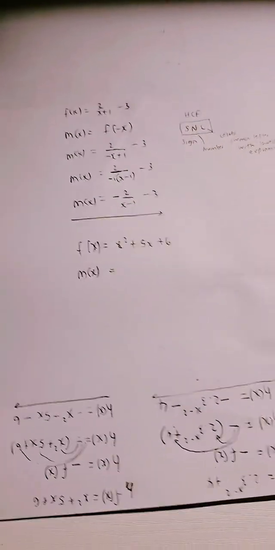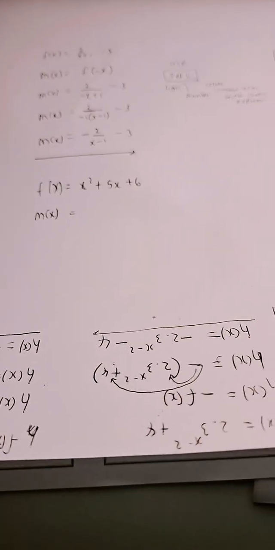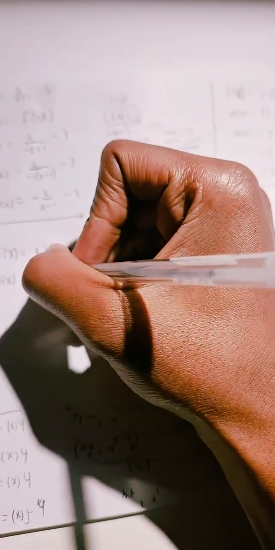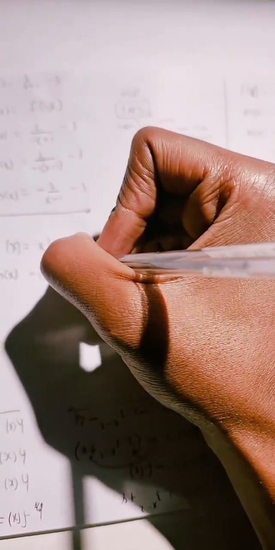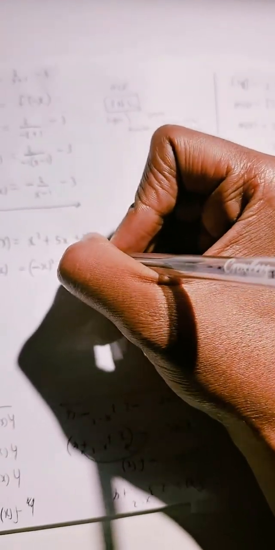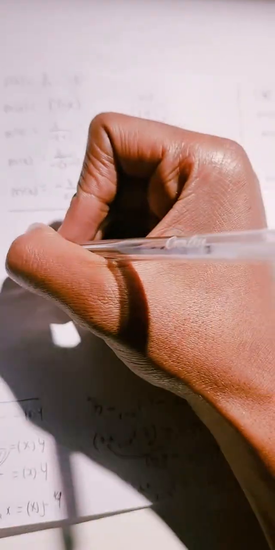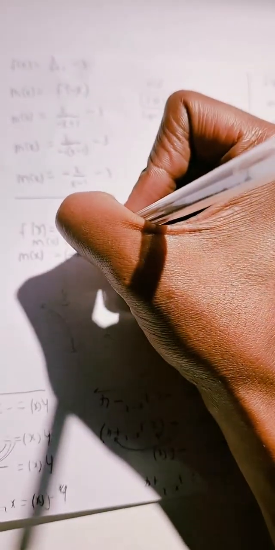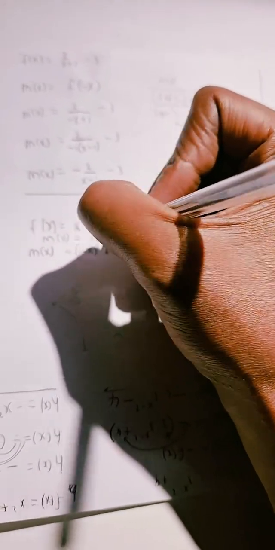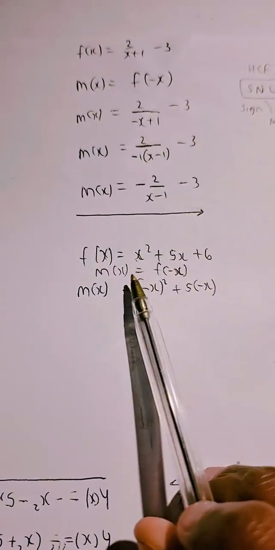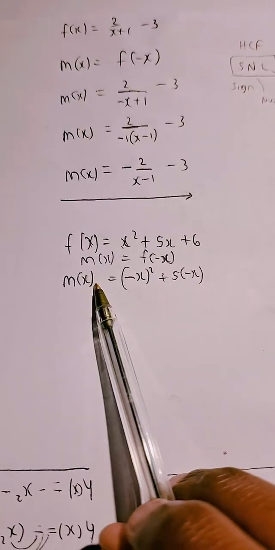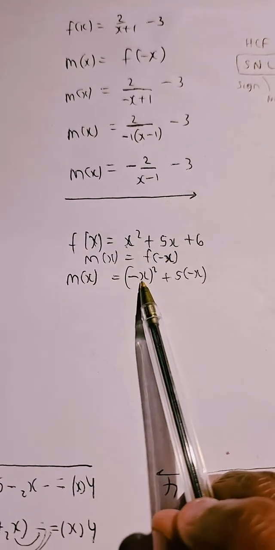So let x change, guys. I forgot to write this first: reflection in the y-axis means m of x is equal to f of negative x. So that means x changes sign.